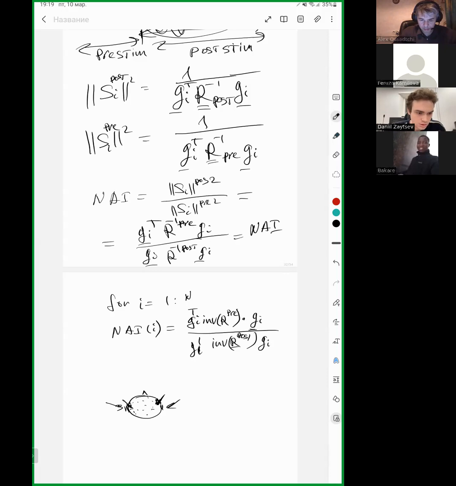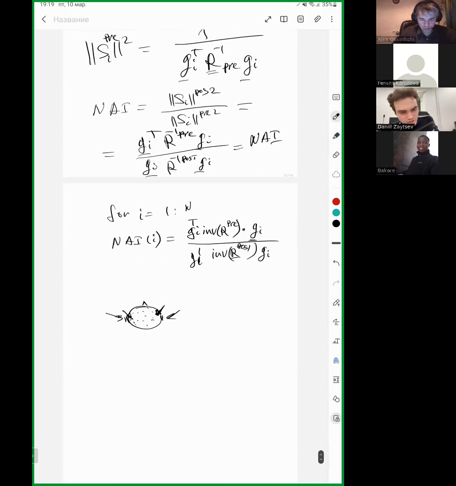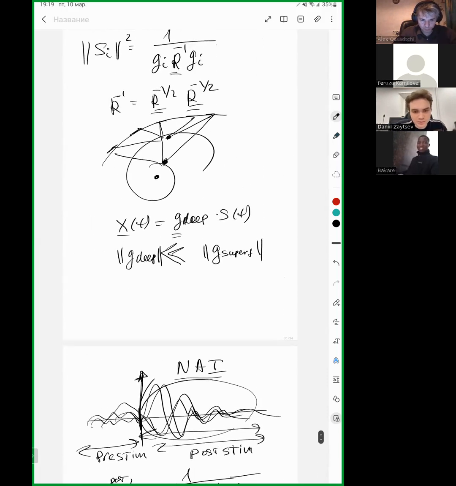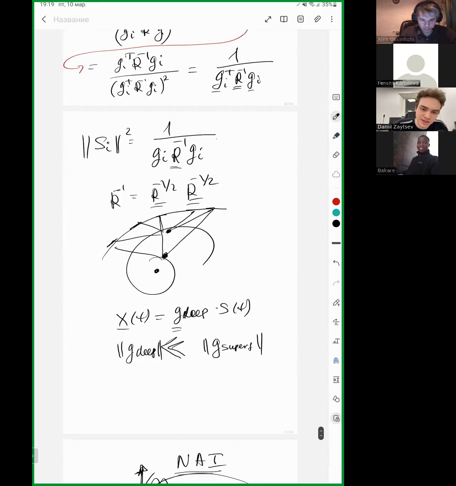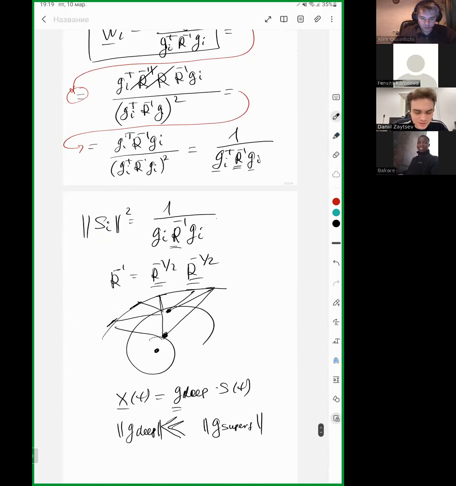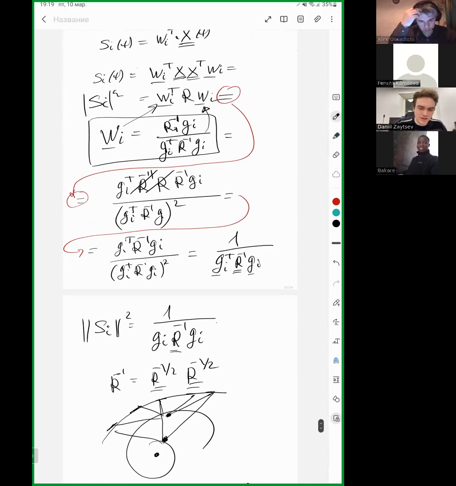Can I ask questions? Yes. So before this neural activity index, we were talking about how with beamformers we can locate the source. Yes, again we are solving an optimization problem. First question is how we are choosing the location, the direction of the beamformer.